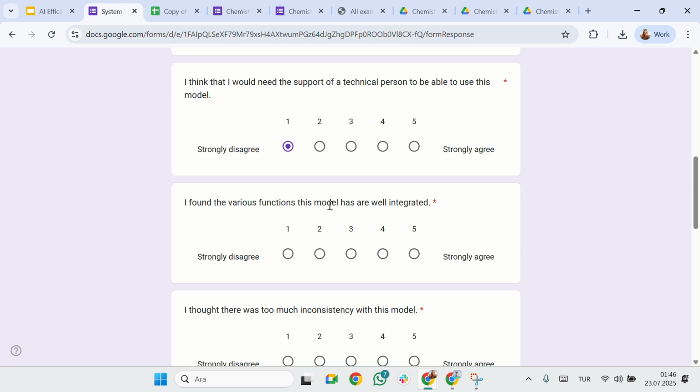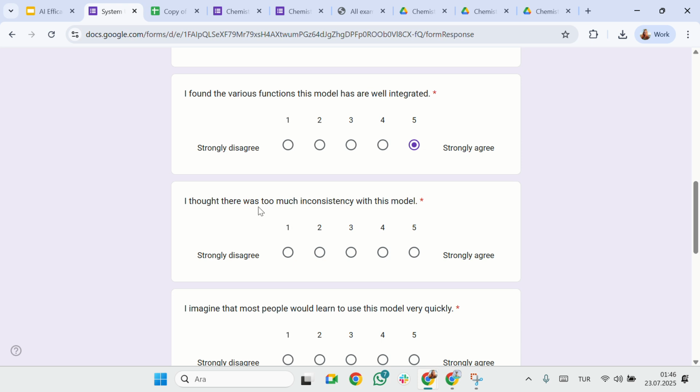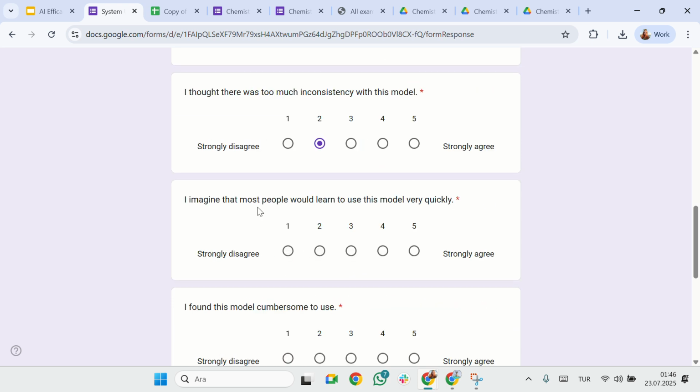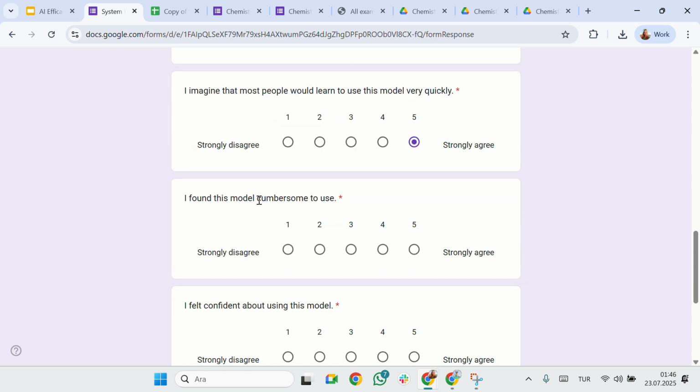Yeah, right. I thought there was too much inconsistency. No, not too much, but a little bit. I imagine that most people would learn to use this model very quickly.